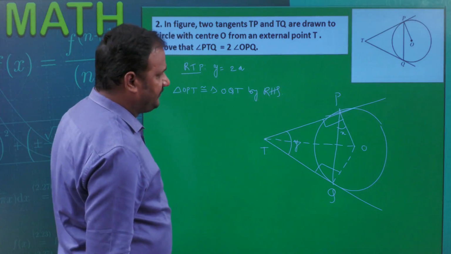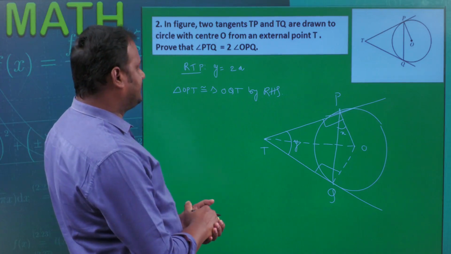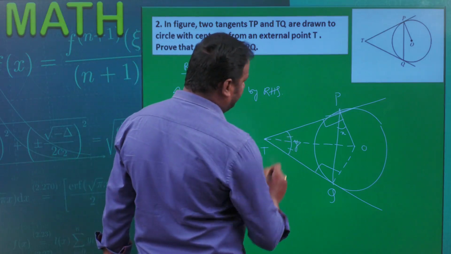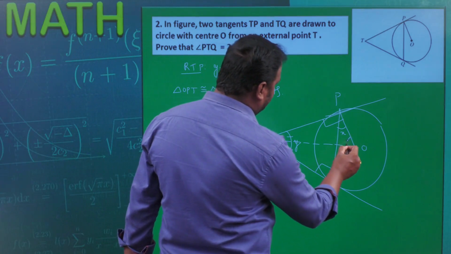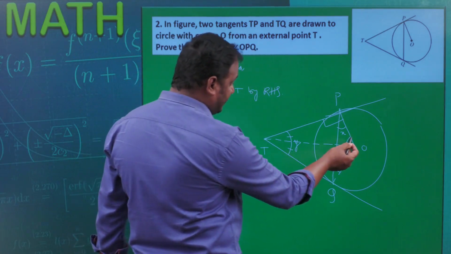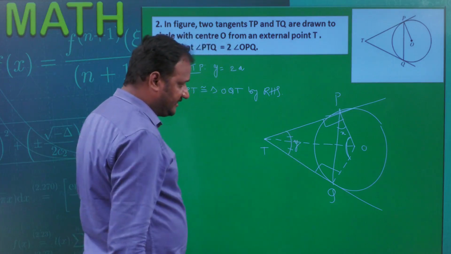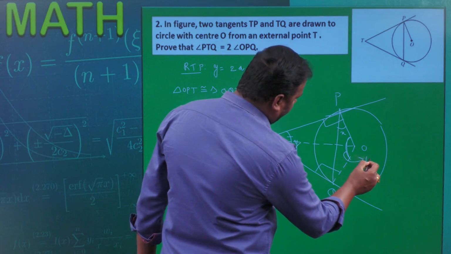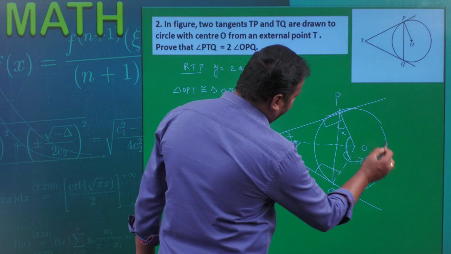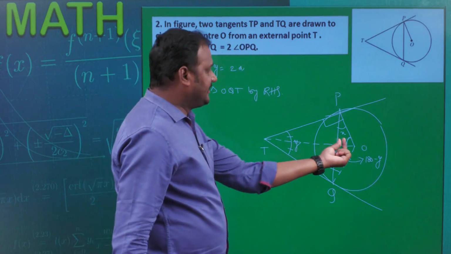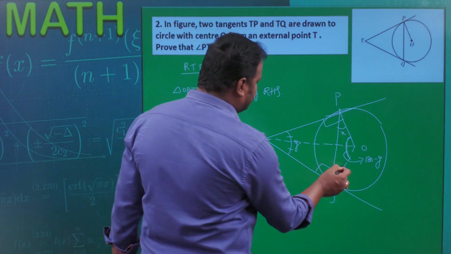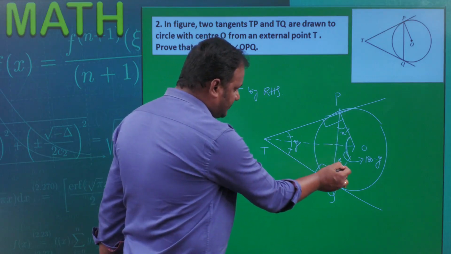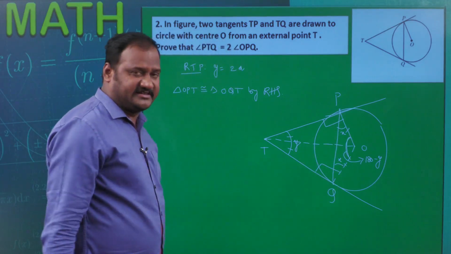Since they are congruent, by CPCT you can say that this angle is equal to this angle, and this angle and this angle both are supplementary angles. Since these two are supplementary angles, this angle is going to be 180 minus Y, correct? Because this is Y, this angle should be 180 minus Y. Since this is X, this is also equal to X, because in this triangle, OP and OQ both are radii, so radii are equal, therefore it is an isosceles triangle.